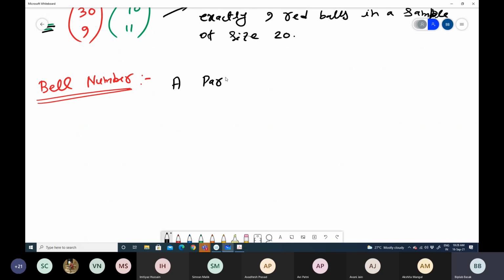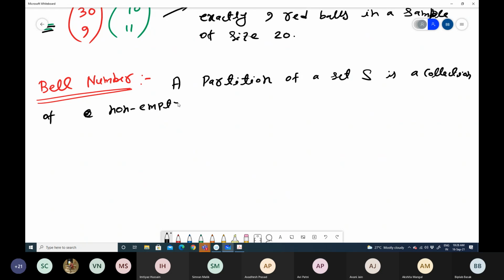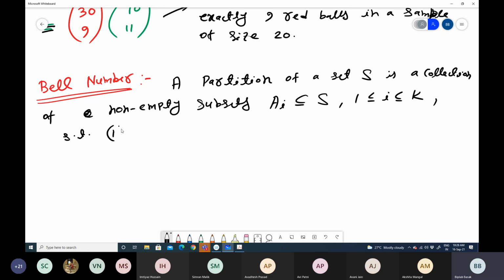A partition of a set S is a collection of, remember that, non-empty subsets Ai, such that 1 ≤ i ≤ k. Non-empty subsets such that it satisfies two conditions.